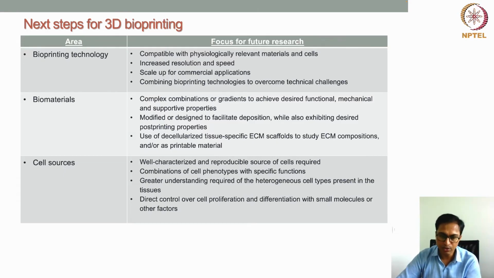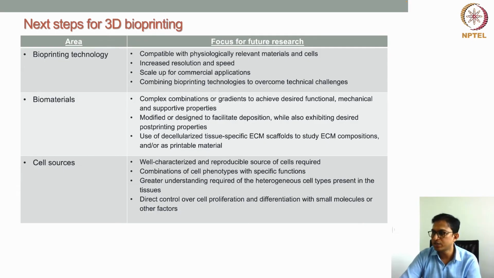Even in our lab we use decellularized tissue specific ECM scaffold to study ECM composition and as a printable material. We use different types of decellularized extracellular matrix. That means we collect different tissues and use a process called dissolution, by which we can throw out all the cells.